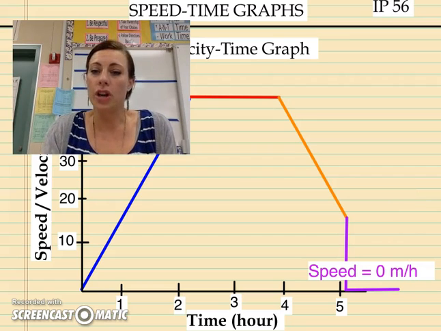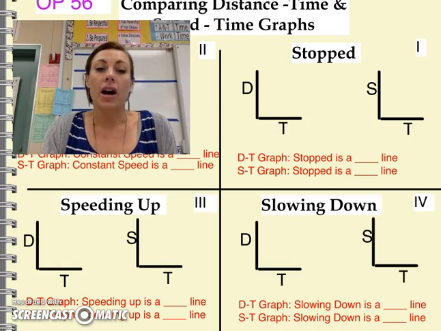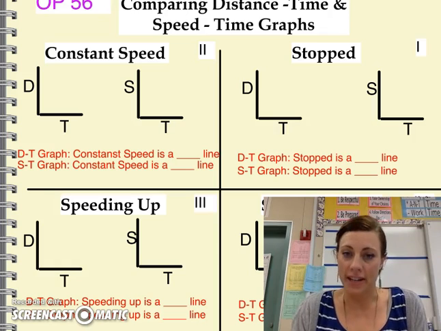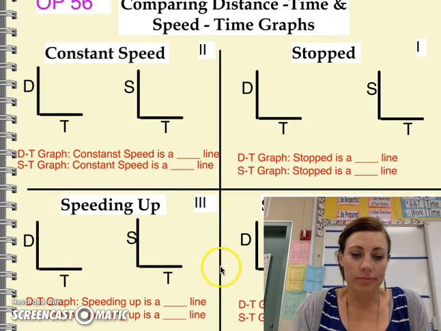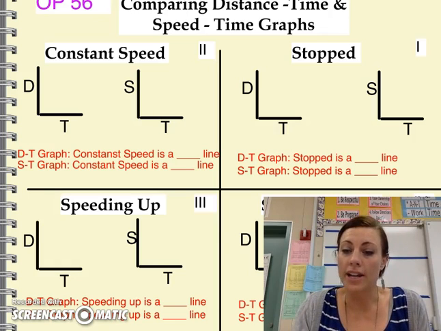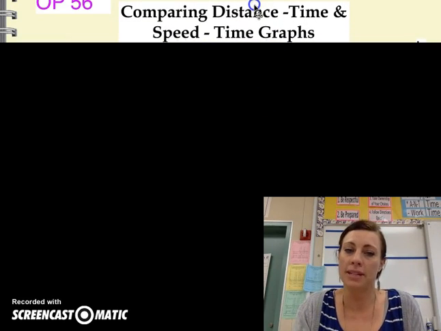Once you've taken these notes, now you're going to work on OP 56. I'm sorry if my camera is in the way, but on OP 56, you're going to title it Comparing Distance Time and Speed Time Graphs.